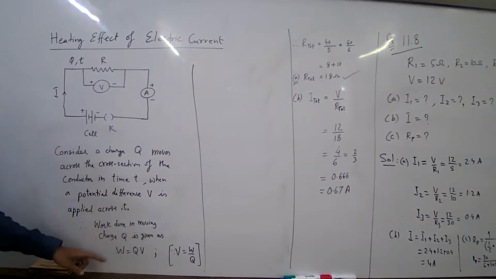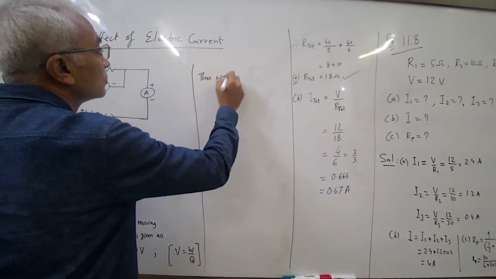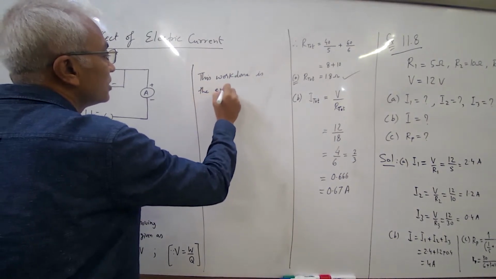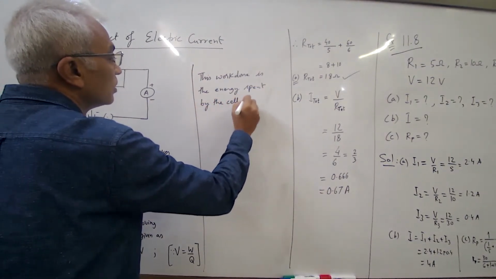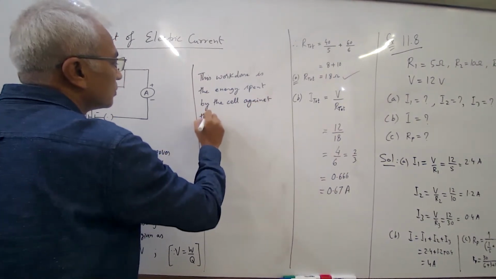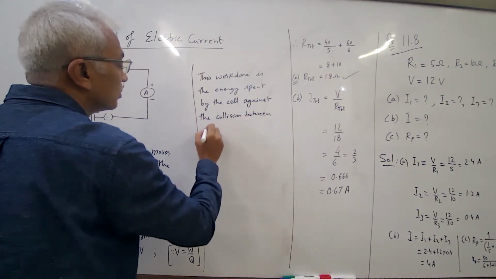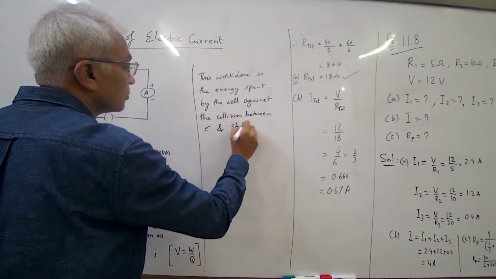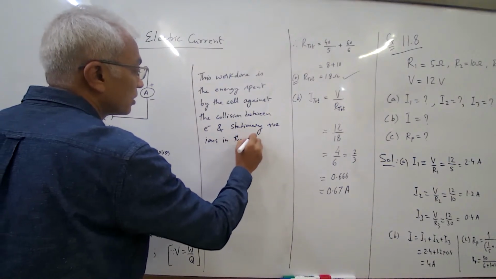Work done by the cell is actually energy spent by the cell in moving the charge Q. This work done is the energy spent by the cell against the collision between electron and stationary positive ions in the conductor.